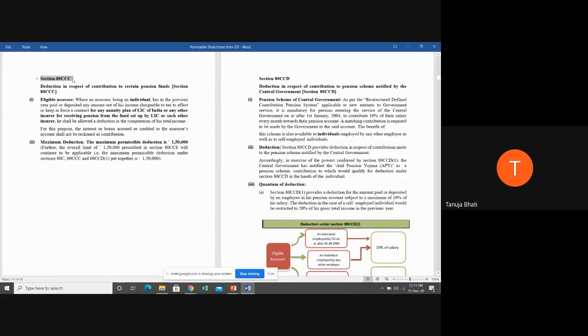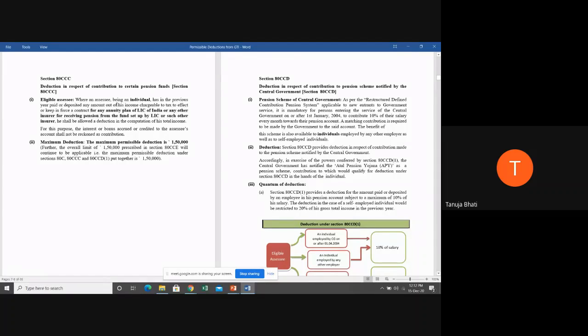So remember, under section 80CCC, this deduction is available only to an individual where he is applying his income to any annuity plan of LIC of India or with any other insurer, for receiving pension from that fund which is set up by the LIC.